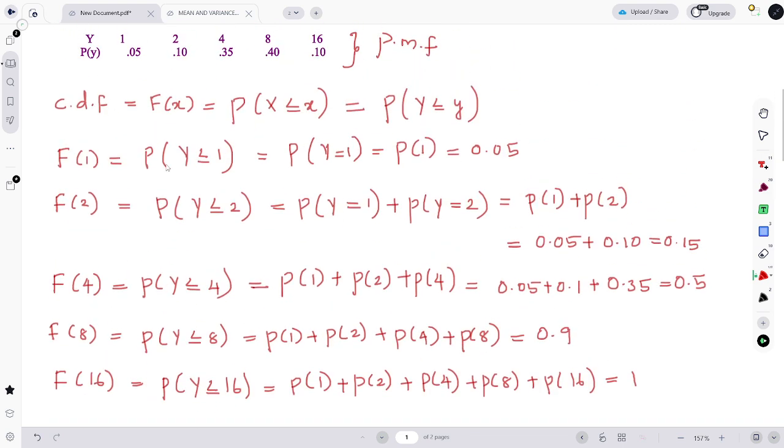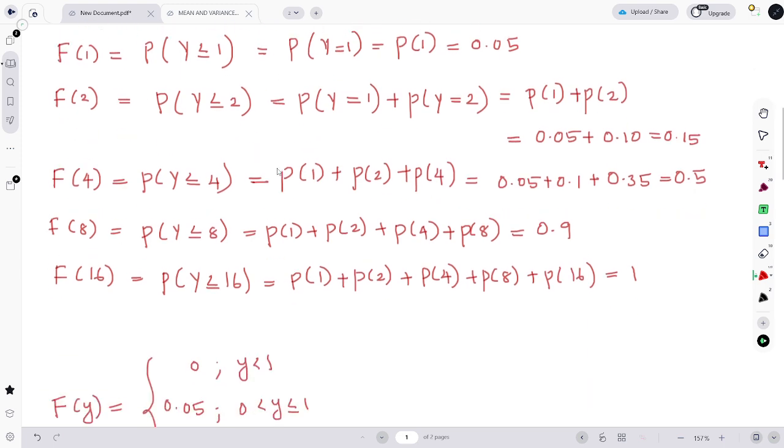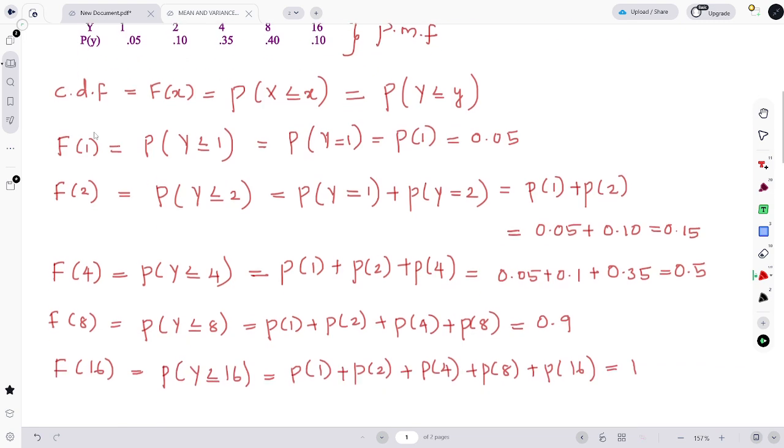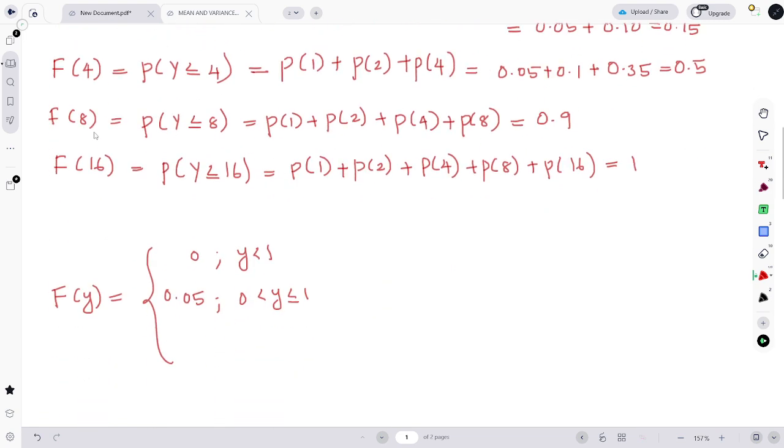One minute. F of 1 equal to, okay, this is when y is less than 1. So when y is less than 1, it is 0. This is 1 less than or equal to y, 1 less than or equal to y less than 2.